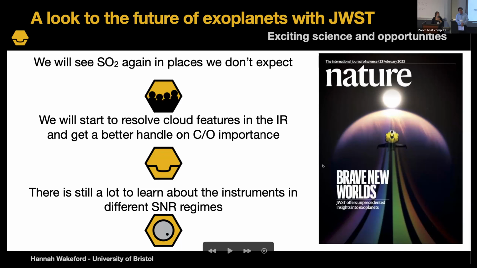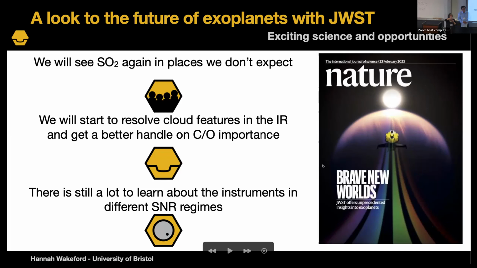Regarding the importance of using Hubble to complement JWST observations, could you compare the utility of UVIS versus STIS and what information you get in the different wavelength ranges? When it comes to the UV, a lot of our chemistry is driven from the ultraviolet. So understanding what is going on in these atmospheres in the ultraviolet is going to be key for understanding exactly what's going on at these longer wavelengths.